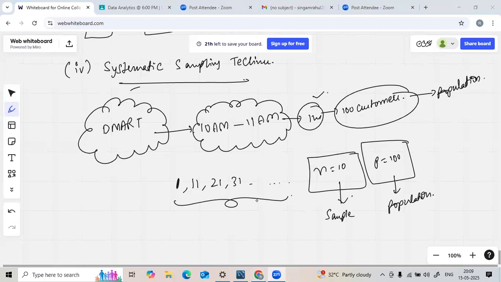Now, here what I'm trying to conclude is if you check every 10th customer's details, the sample size is 10.